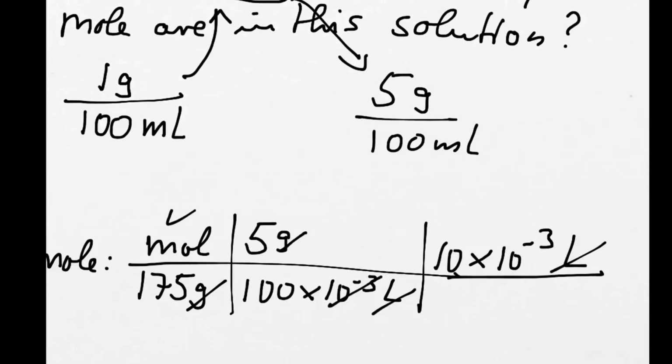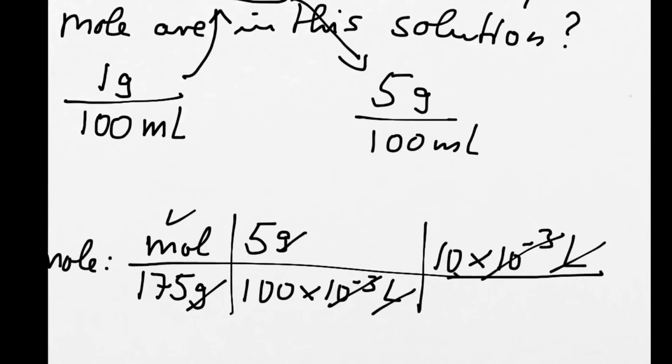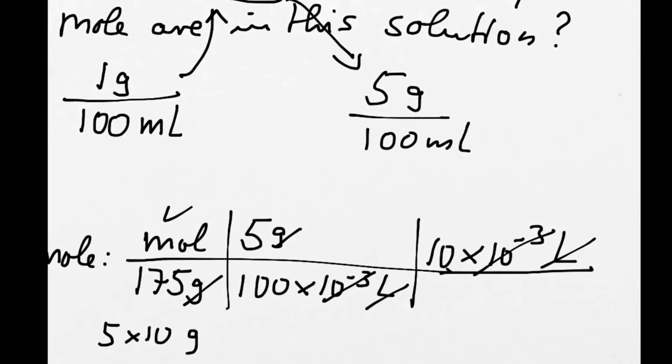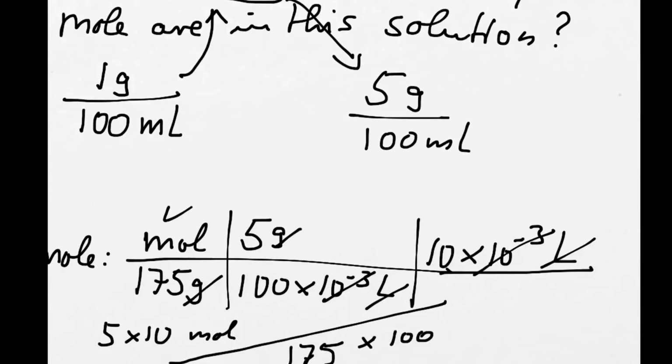Even the 10 to the minus 3 cancels out, which is quite convenient. And all we have left is 5 times 10 mole divided by 175 times 100.